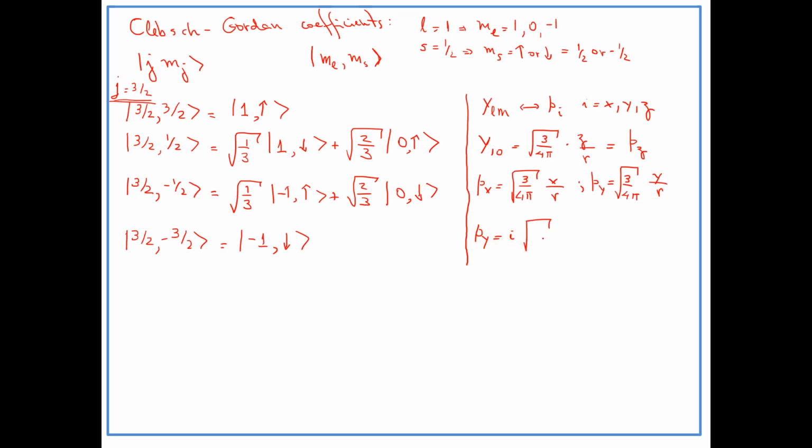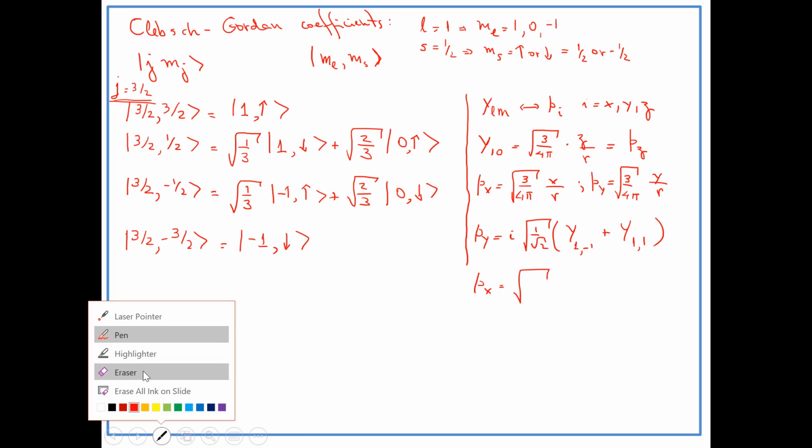Py is proportional to the sum of spherical harmonic Y_1,-1 plus spherical harmonic Y_1,1, and px is proportional to the difference between Y_1,-1 and Y_1,1.